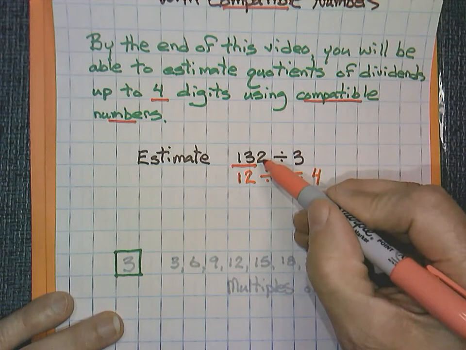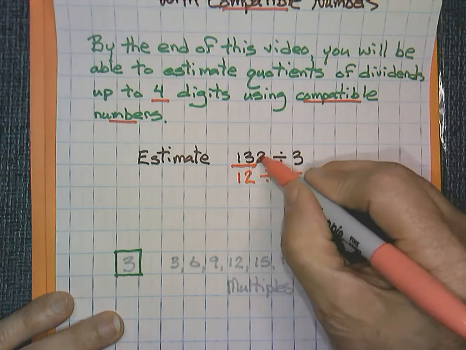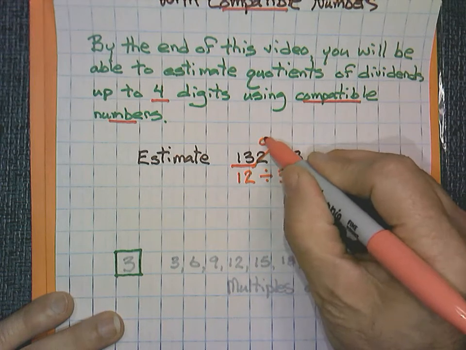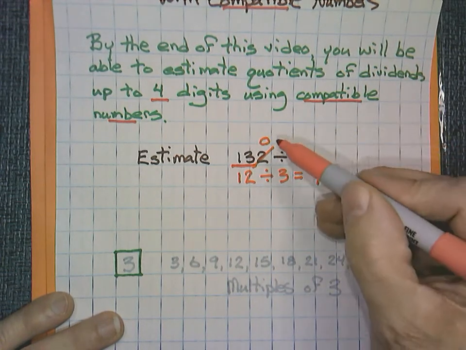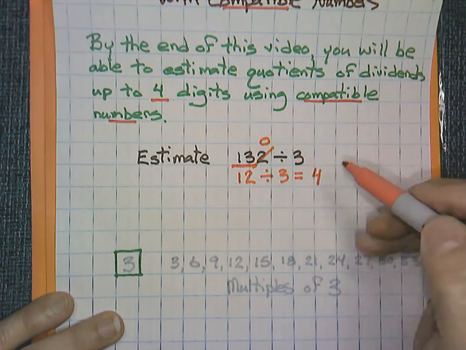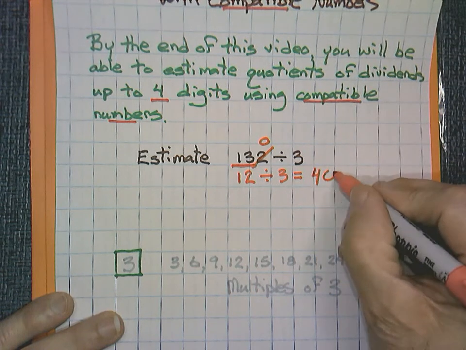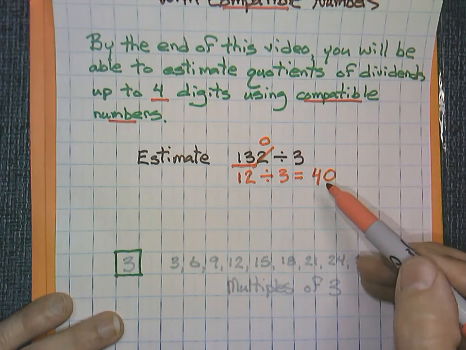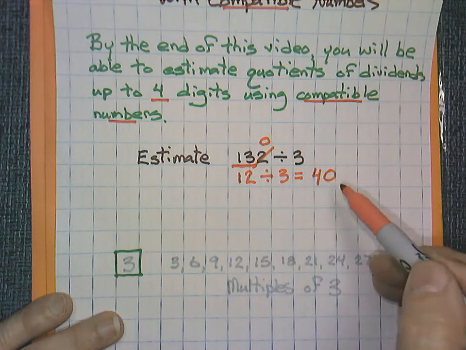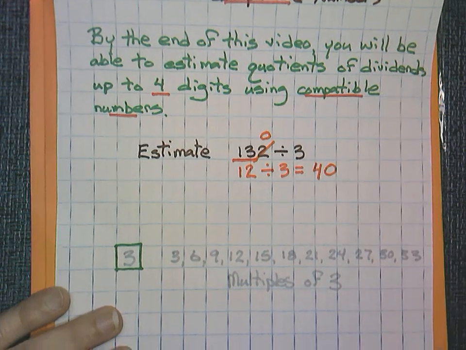I still have this 2, but because I'm estimating, I'm going to cancel that 2 out and turn that into a 0. Then I count my zeros, 1, and write. And my estimated quotient for 132 divided by 3 would be 40.